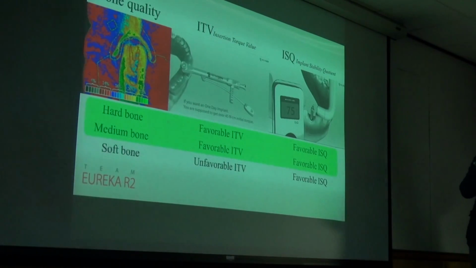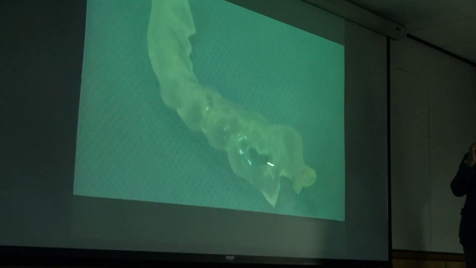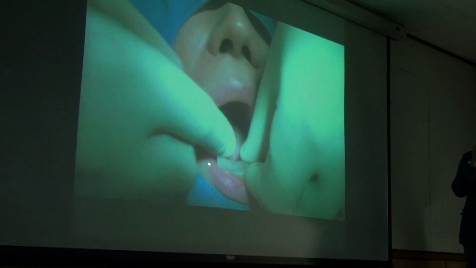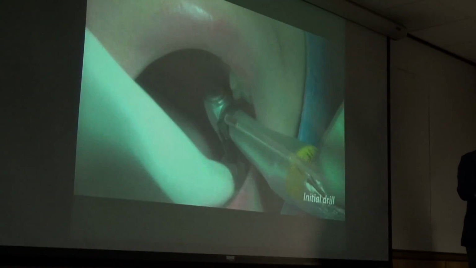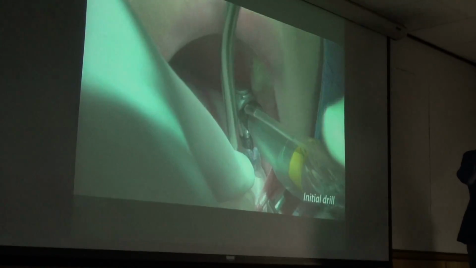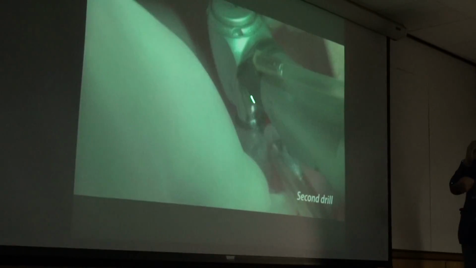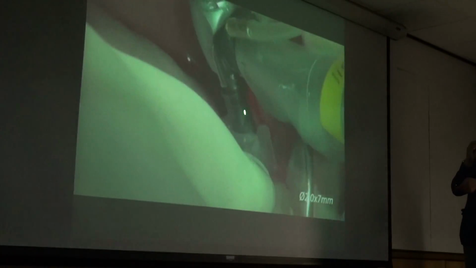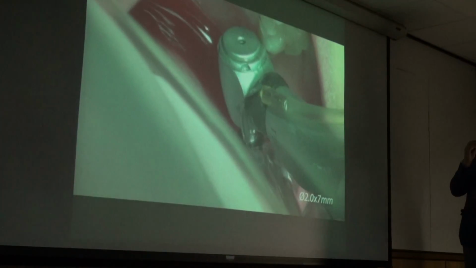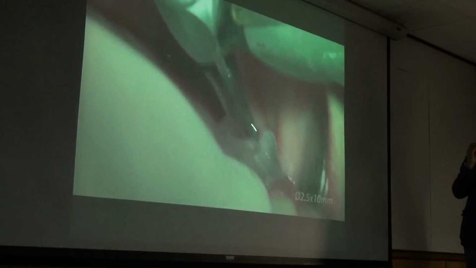It means like this. This is a very hard case. Actually, some second molars are a contraindication for guided surgery because of mouth opening limitations. In this case, I cut off the buccal side of the stent, and using the stent, I prepared the bone. As you can see, the distal is very soft bone.